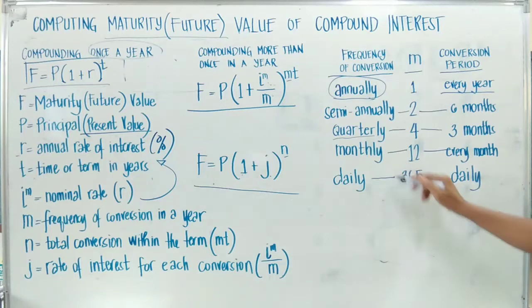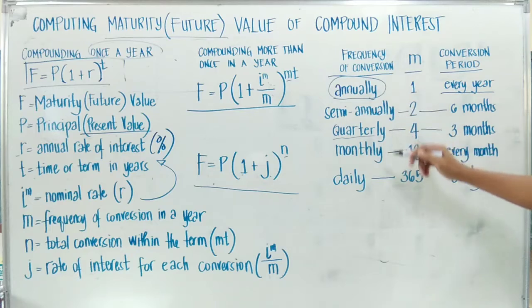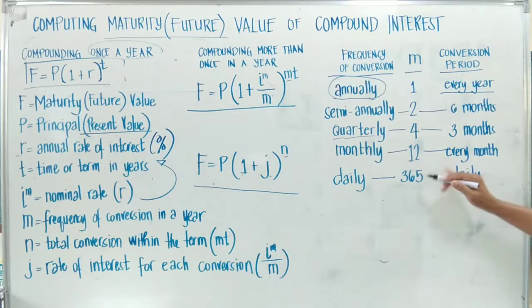And daily, the frequency of conversion is daily. The value of M is 365, of course, very self-explanatory, or we can say every day.